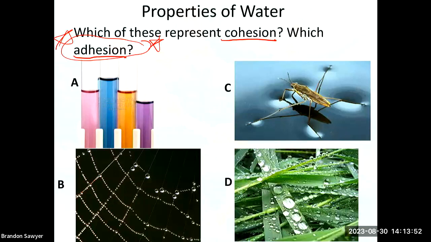Go ahead and send in your answer if you haven't yet. Just one of those that represents adhesion. All right, looks like we got just about everybody. So 58% of you are saying B, and we got 24% saying D, some saying A, a couple saying C, but the majority are saying B.